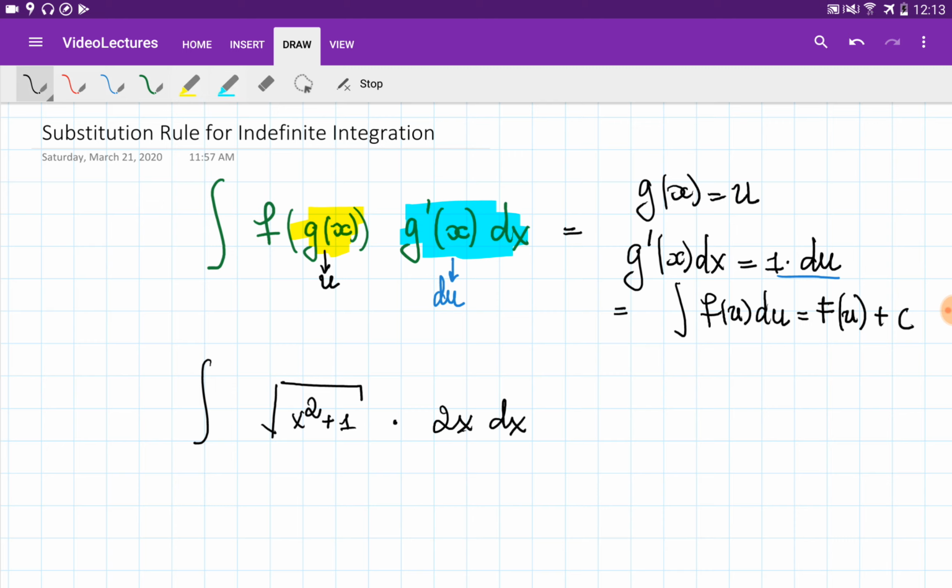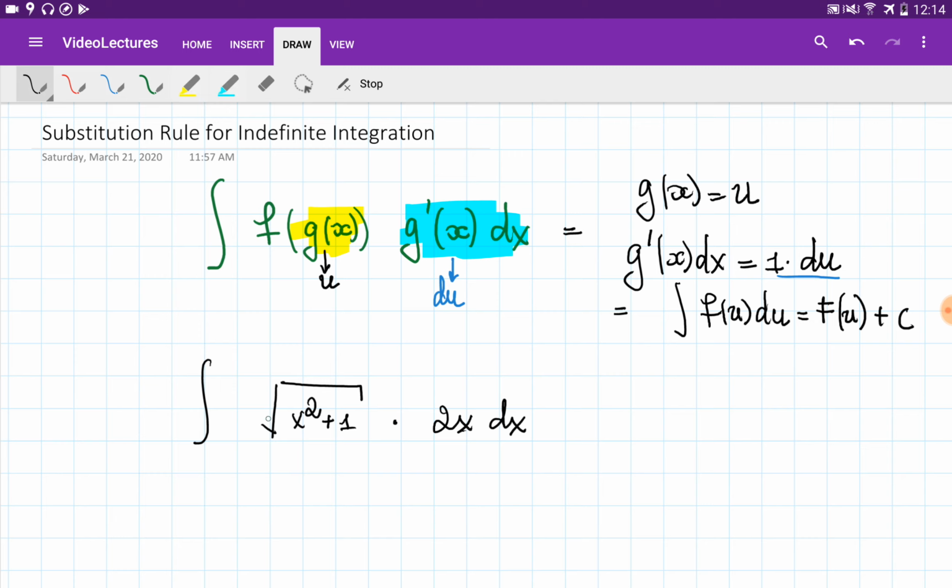So let's do a couple of examples for this case. Let's say the integral is given for this function: square root of x squared plus 1 multiplied by 2x dx. If you look at the structure, this function looks very much like the one we discussed, right? I've got a function which depends on x squared plus 1.